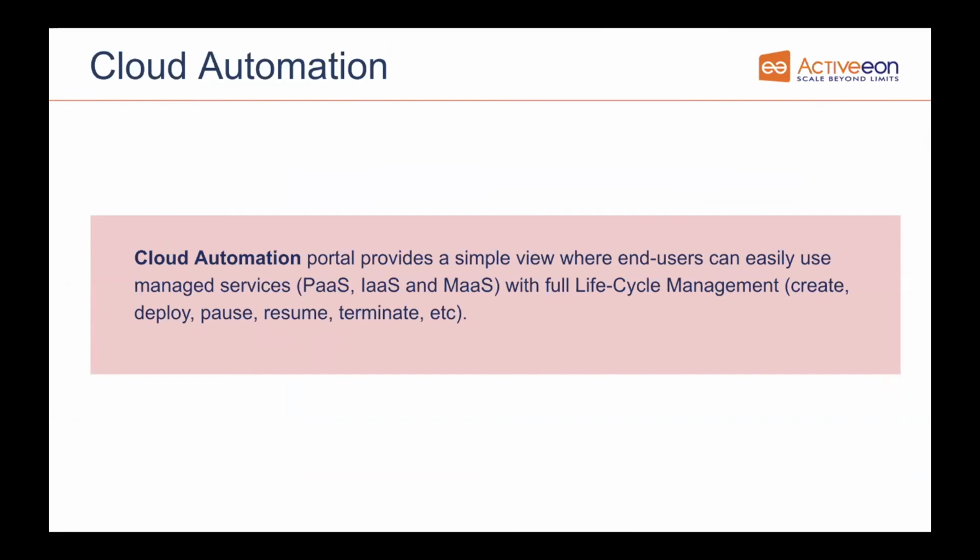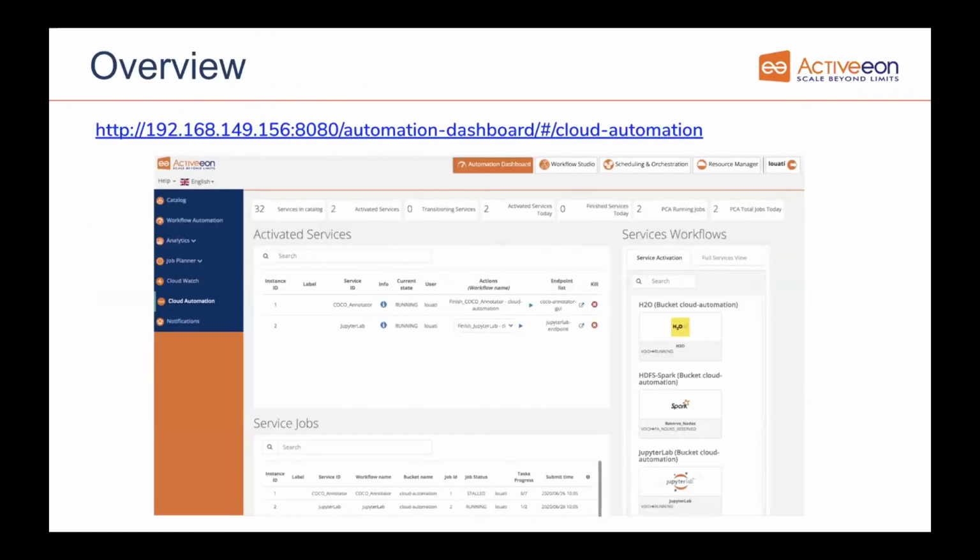So for that, we have a dedicated interface where the user can work, and where all the services are stored. The interface is here, at the bottom, cloud automation, just above notification.